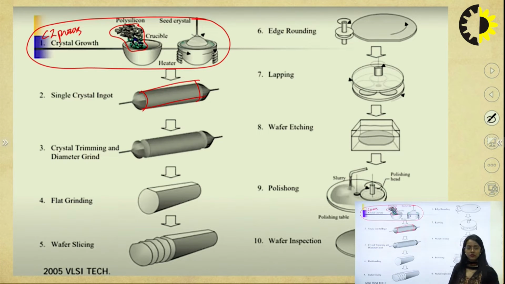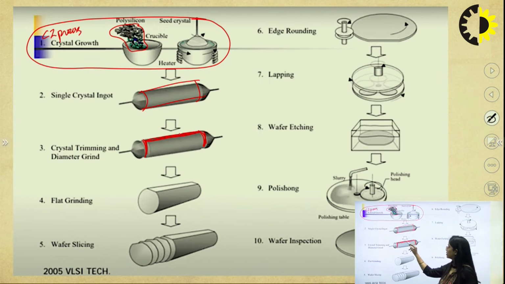After we have got the single crystal, we do crystal trimming. The surface is trimmed and we have two notches here, which is crystal trimming and diameter grind. Next, flat grinding is nothing but making one single surface flat.